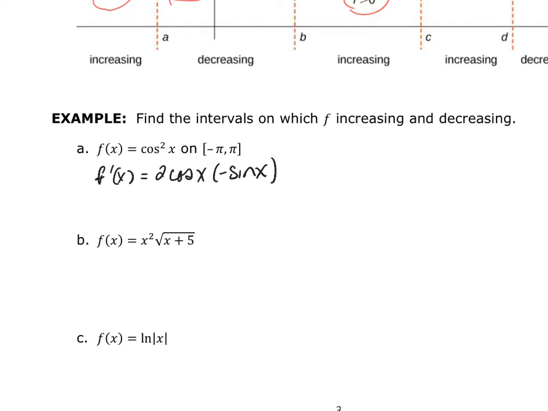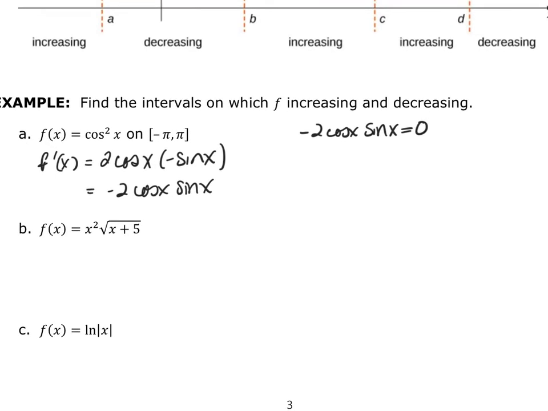Okay? So what I have then is negative 2 cosine x sine x. And I'm going to set this equal to 0 to see whether or not I have a critical point in that region. So negative 2 cosine x sine x is equal to 0.